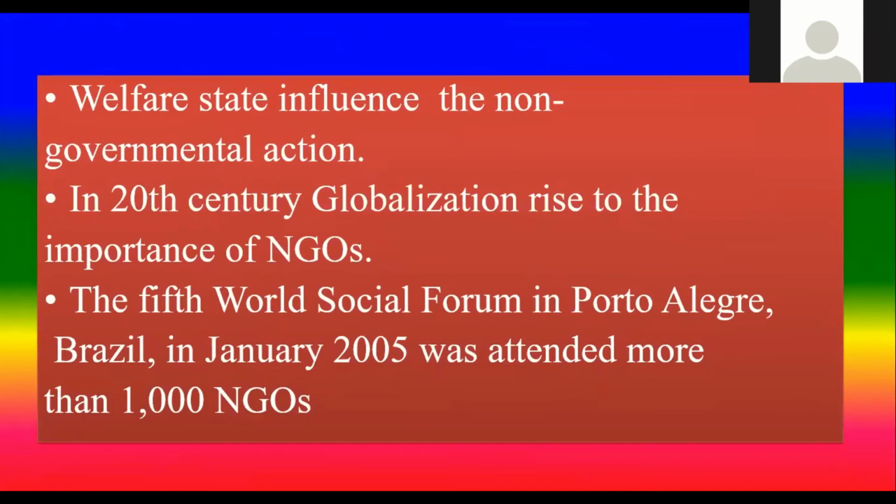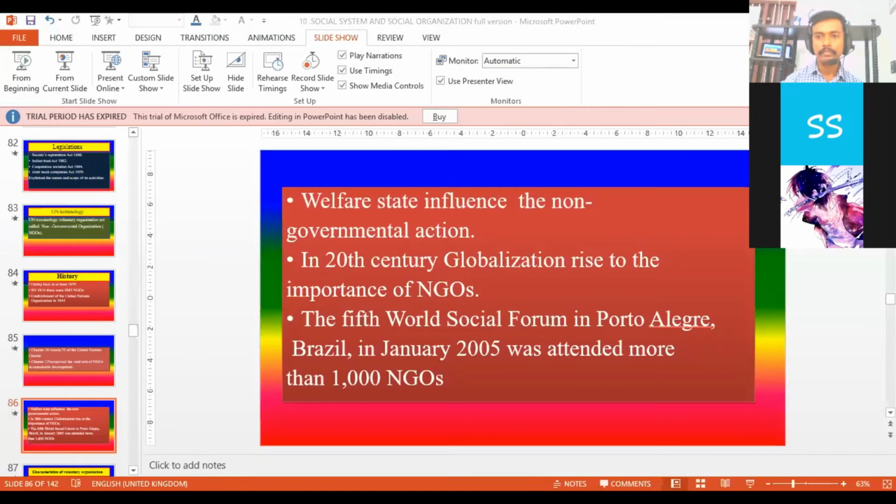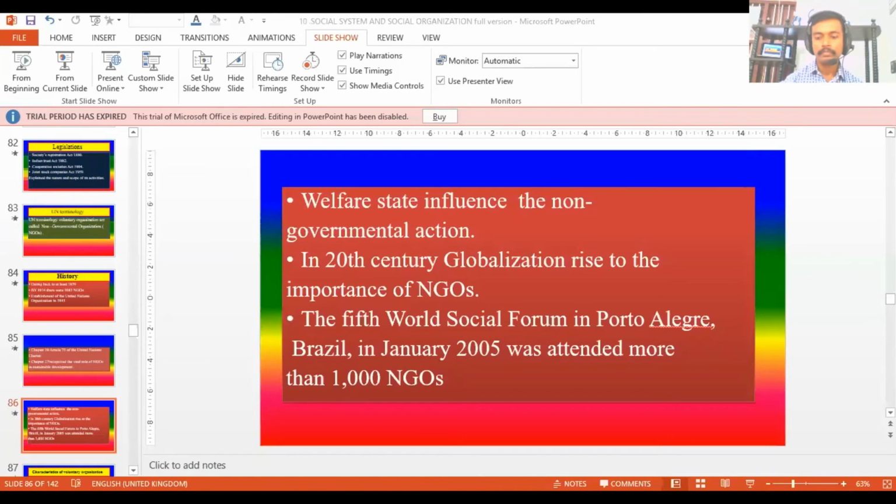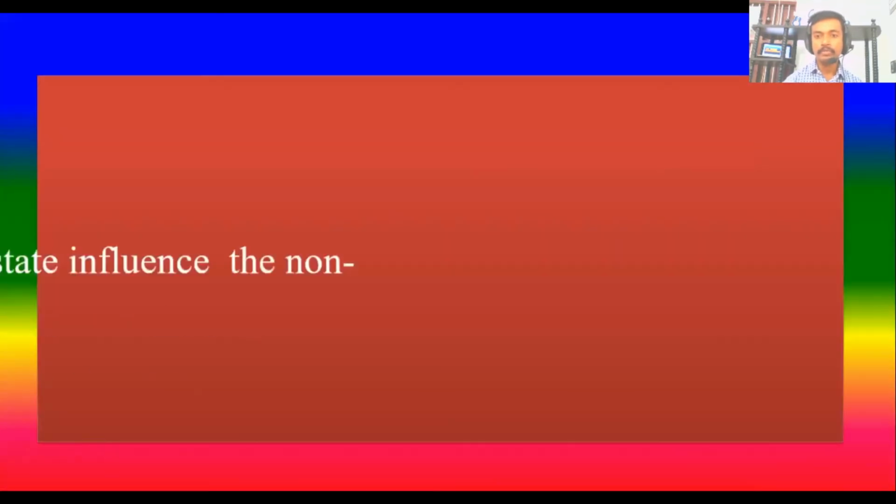Various UN programs are implemented through NGOs, as well as by the Indian government. Under the constitutional provisions, every individual has the right to form associations.